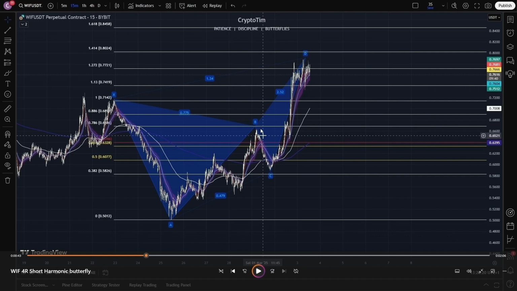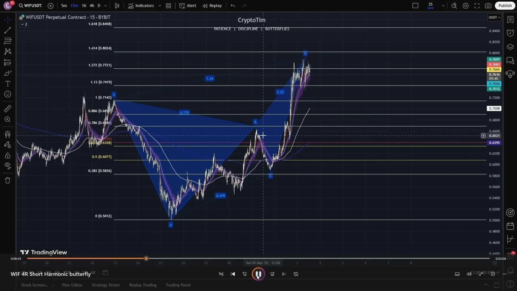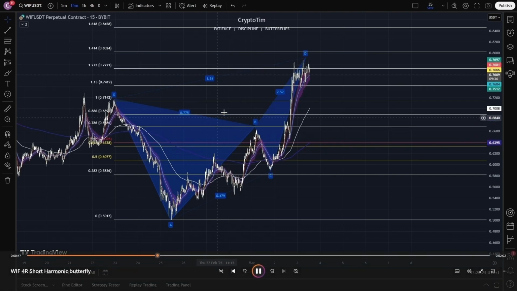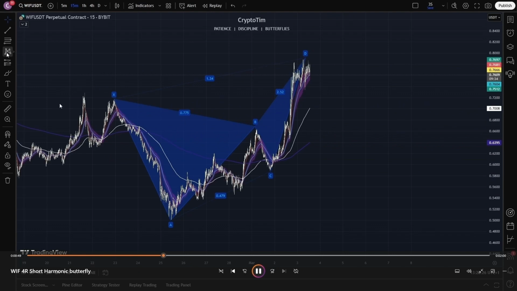It will rarely hit exactly. So if it's close, then I still consider it valid personally. Other people might not, but it will very rarely hit exactly on the dollar. So for me, this is still valid, as we came super close and then retraced from it. So our B point is valid.